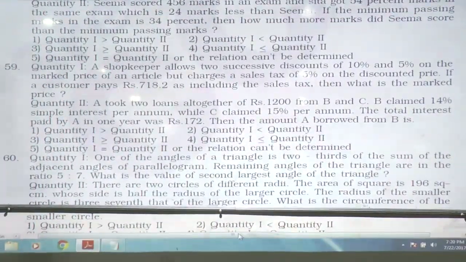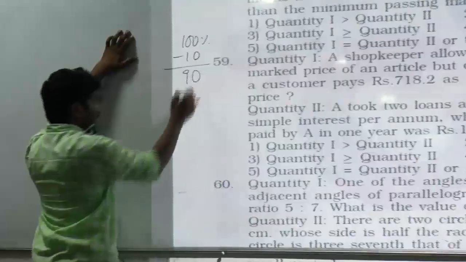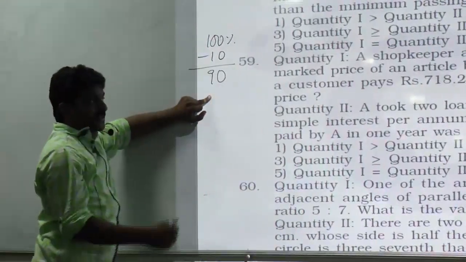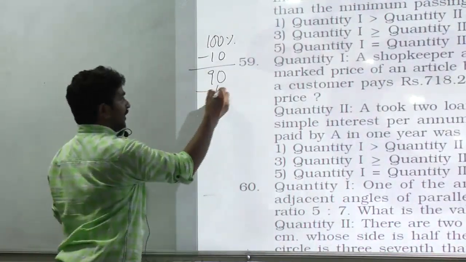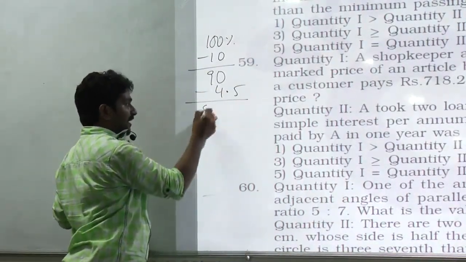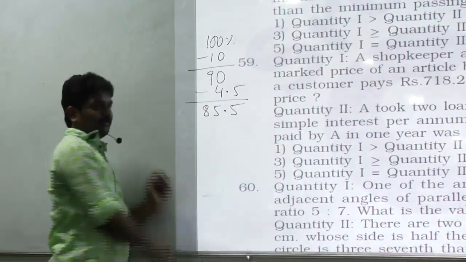Now, let's say the market price is 100%. He allowed a discount of 10%, so it becomes 90 now. Again, there is a discount of 5%. 10% is 9, 5% is 4.5. So now it becomes 85.5.